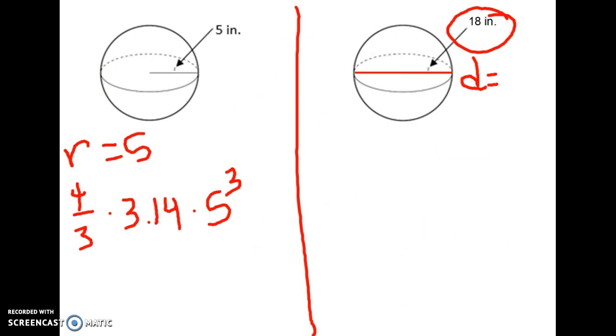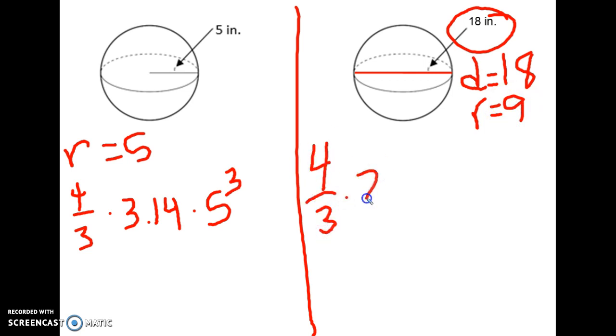We know that the diameter is 18, but if we divide it by 2, our radius is 9. So we have a radius of 9. We're going to do 4/3 times pi times our radius, which is 9, cubed.